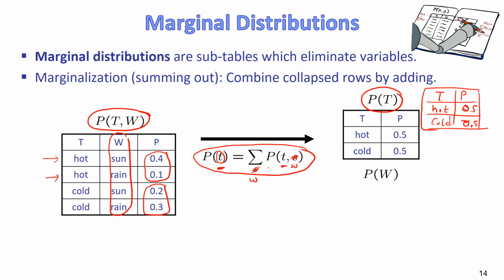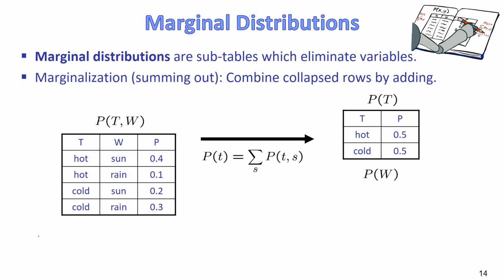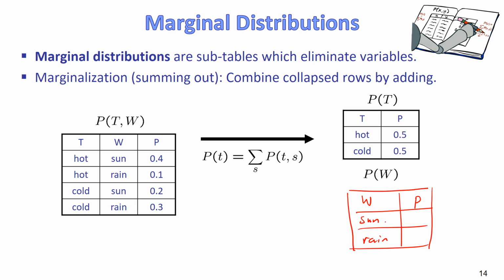If I want to get p of w now, I will get a similar process. So let me erase everything now, and let's get p of w. So p of w again will be a table that will have two values of w here, sun and rain, and that's the probability of each. Now what is the probability of sun?